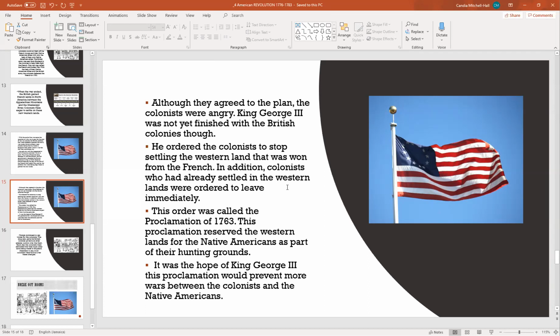Well, it never belonged to him, but he took control over it. And so in the proclamation that he made, he gave the land back to the Native Americans, because he said, if we give the land back to the Native Americans, then guess what? We're not going to have any problem with them. We're not going to have any fight with them.